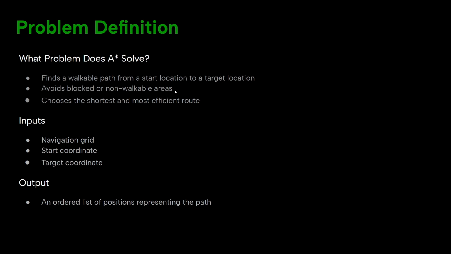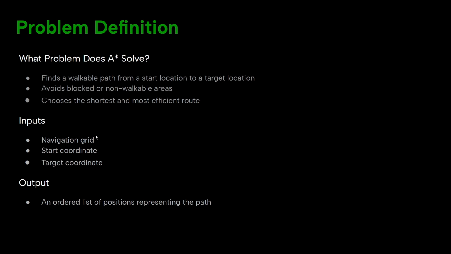The algorithm should avoid those blocked areas and find a proper path from start to target location. And that chosen path should be the shortest and most efficient route relative to all the routes by which the target can be reached from the source.